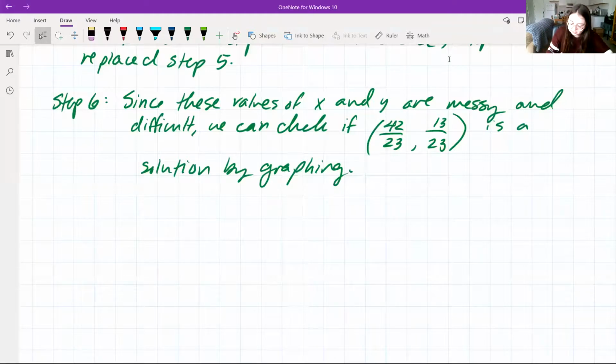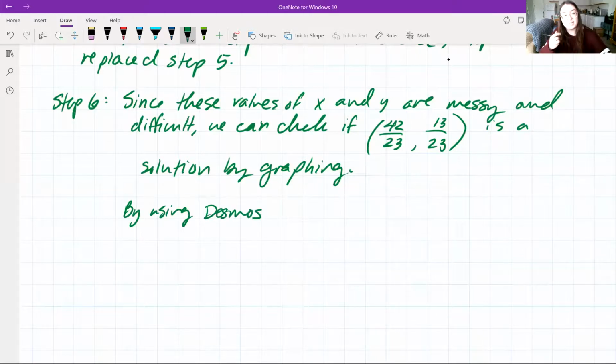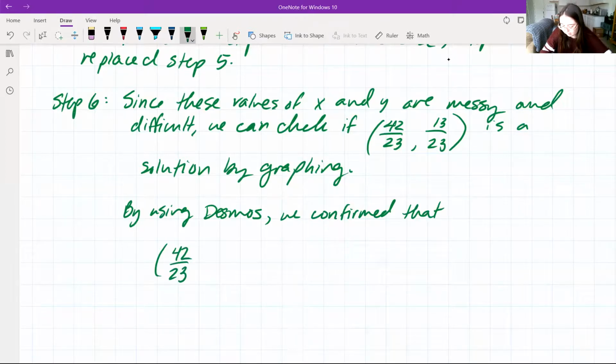So by using Desmos, and Desmos is the name of an online graphing calculator, we confirmed that our point, 42 divided by 23 and 13 divided by 23, is our solution.